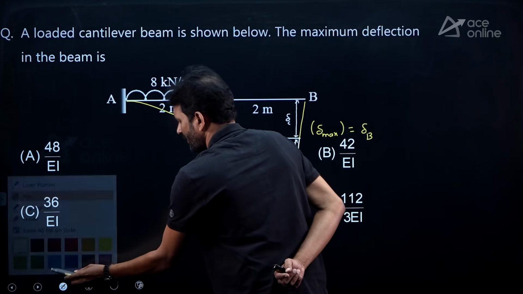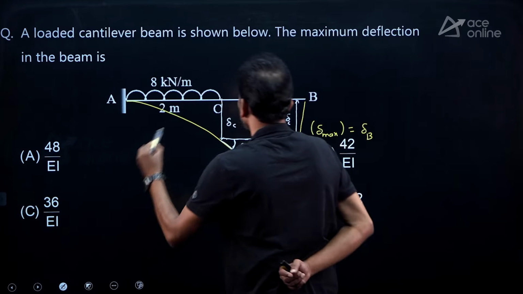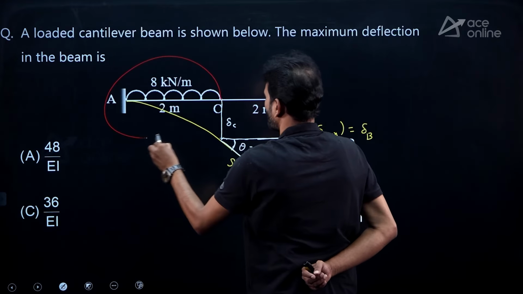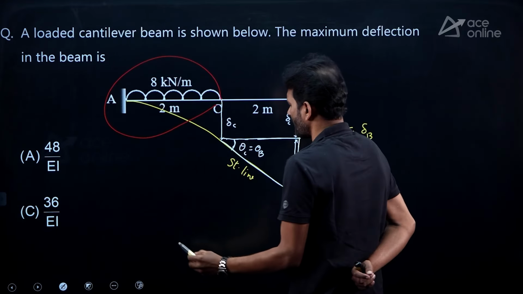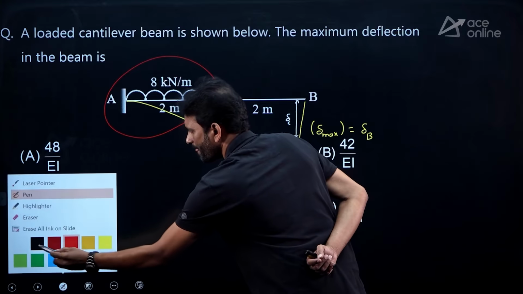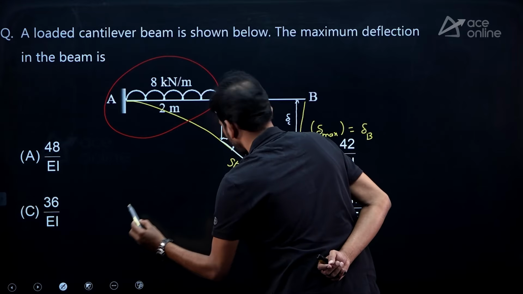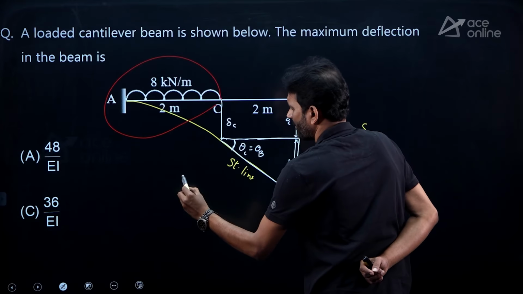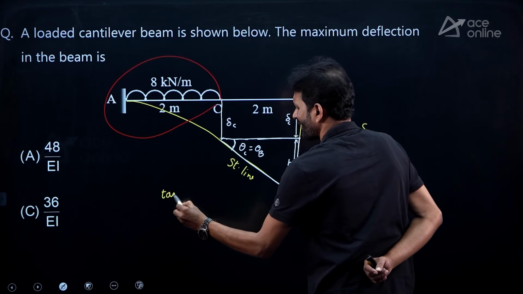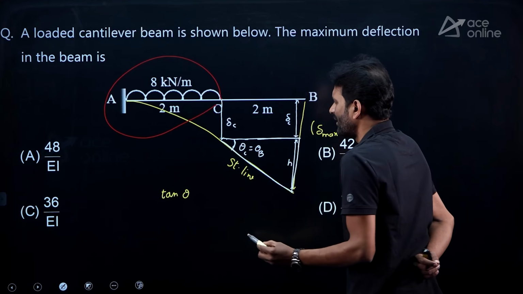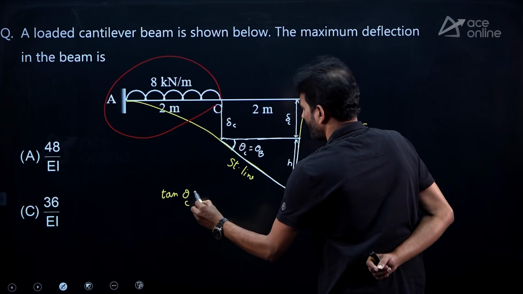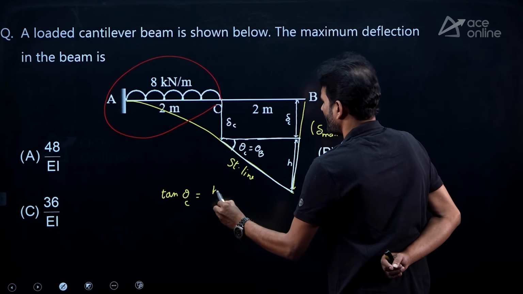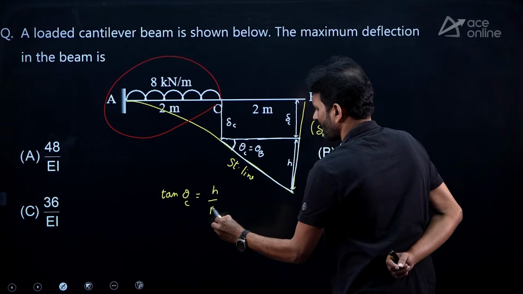Now, I can consider this is the standard case. First, you take this into consideration. My target is to get del B. First, I am taking tan theta C. It should be nothing but H divided by CB.